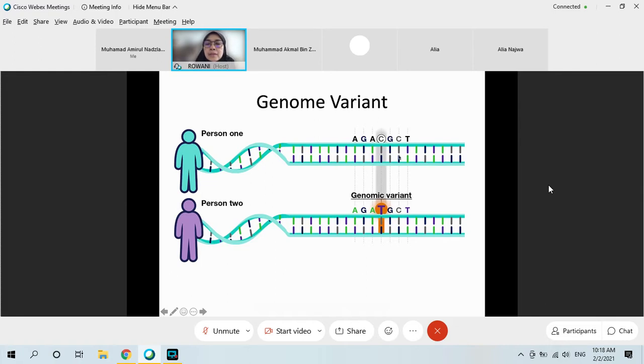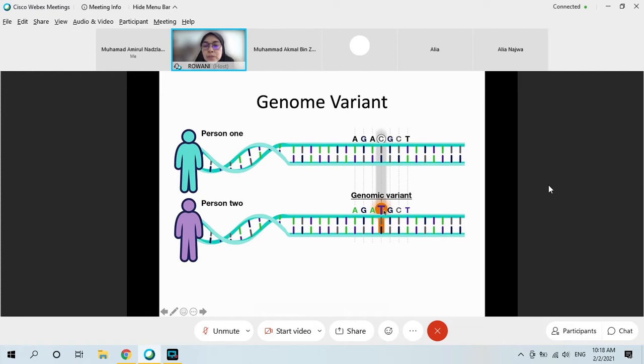Person one has a DNA sequence like this. Person two has a DNA sequence like this. At this cytosine, the first person has cytosine as the base, but the second person has thymine as the base.